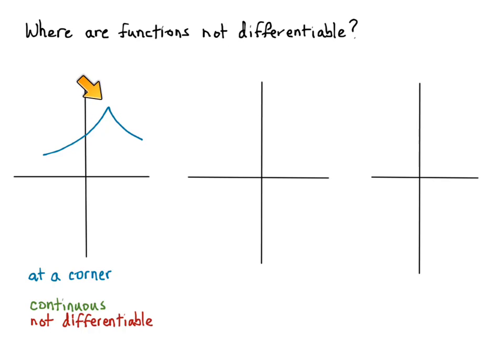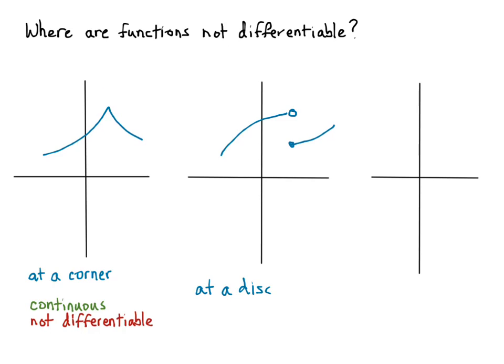This may be continuous, but it's not differentiable, because the limit of the secant line coming from this side is going to be different from the slope of the secant line coming from this direction. And so since they're not the same, the limit doesn't exist, and so we don't have a differentiable function.